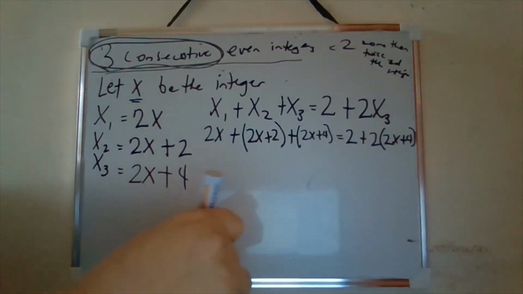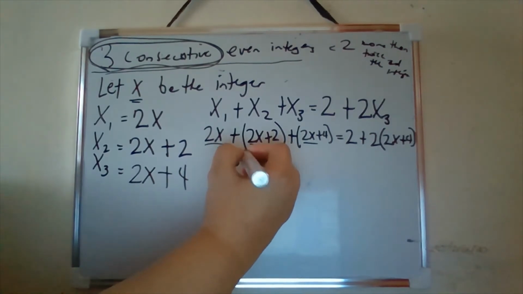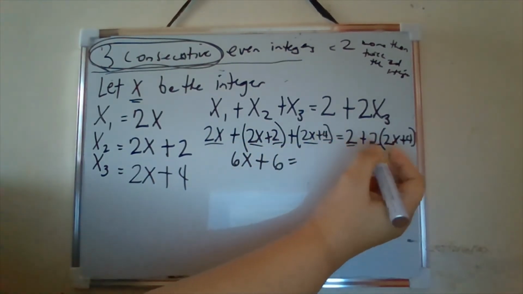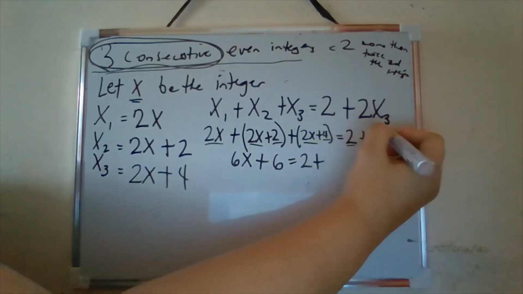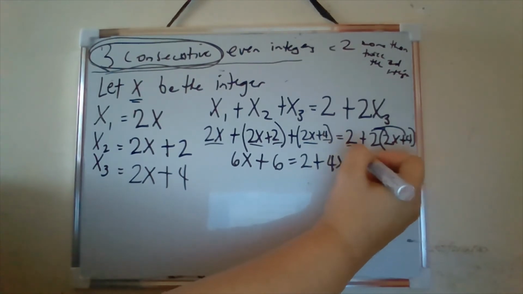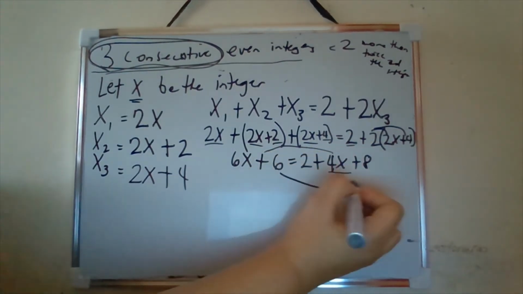I-solve na natin. So, 2x, 2x, 2x, so that's 6x plus 2, and then 4, that is 6, equals 2 plus this one, i-distribute, 4x plus 8. So, transpose ito dito sa kabila naman.